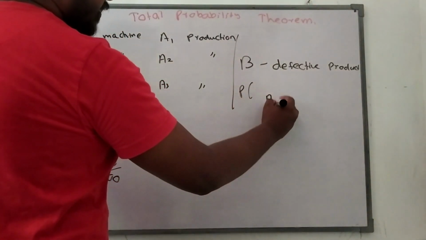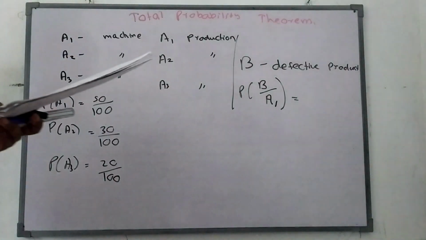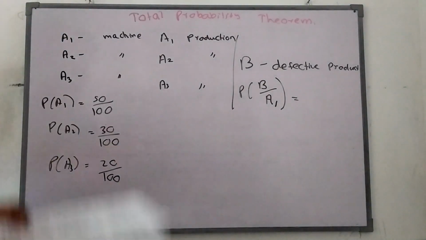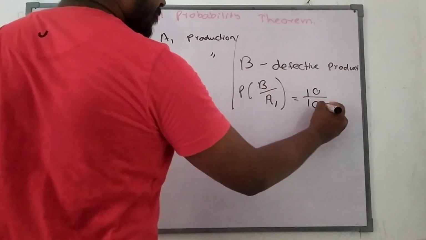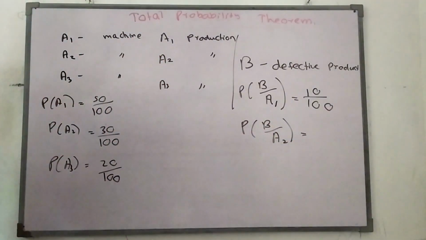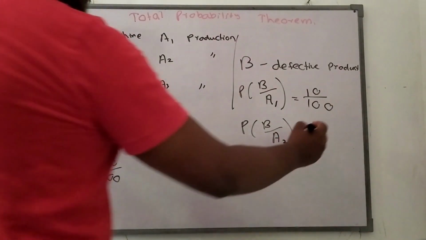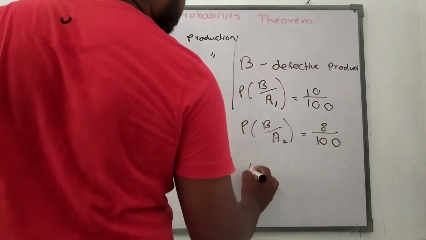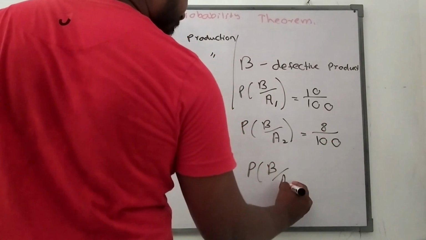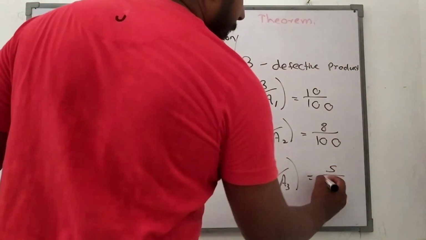So the A1 machine generated defective products at 10%. The A2 machine generated defective products at 8%. The A3 machine generated 5% out of 100.